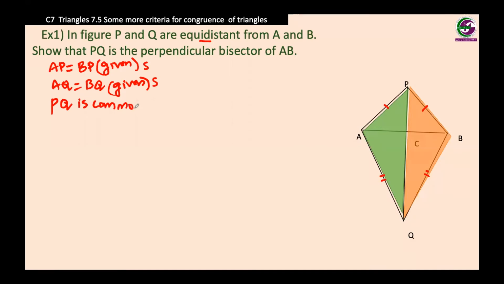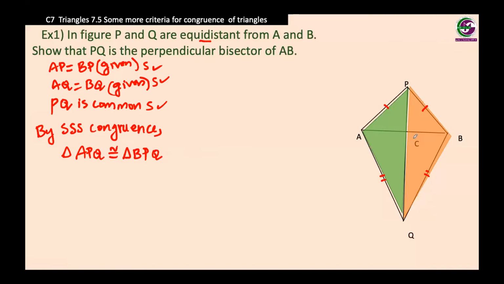So we have the third side now. So by SSS congruence, we can say that triangle APQ is congruent to triangle BPQ.